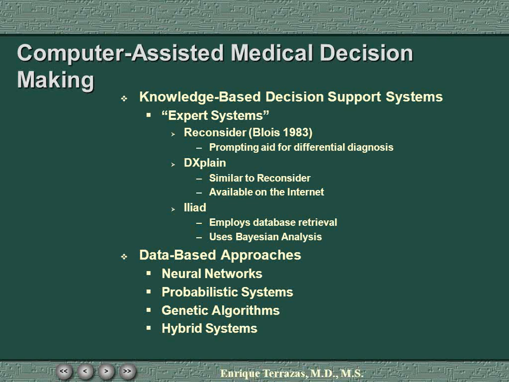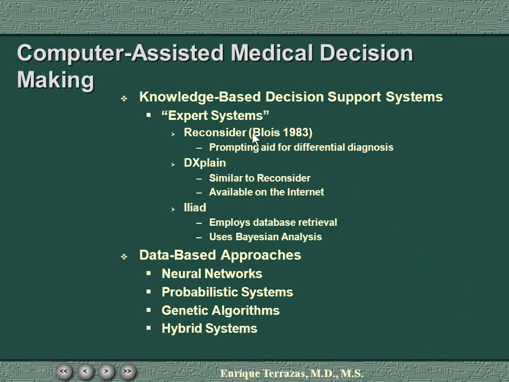One is called expert systems, and that's contrasted with what are called data-based approaches. Under data-based approaches, you can have several different types, but neural networks are the most common ones used. So on one side you have expert systems, on the other side you have data-based approaches, of which neural networks are the most prevalent in use. Expert systems have been around since the 80s.